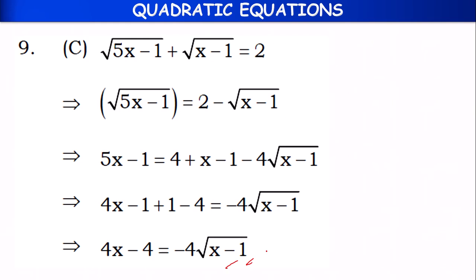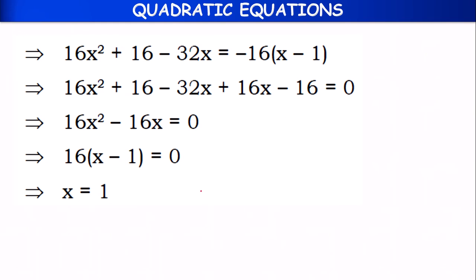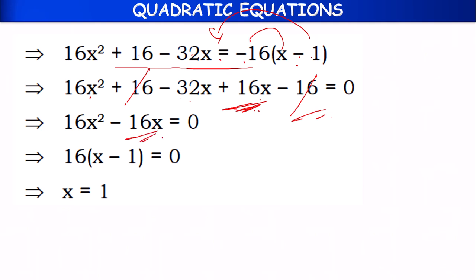If we keep them as it is and square on both sides, then we will get 16x square plus 16 minus 32x equal to 16 into x minus 16x. If it comes towards the right hand side, it will become plus 16x; the 16, if it comes towards LHS, it will become minus 16. Plus 16 minus 16 cancel. Minus 32 plus 16, we will get minus 16x.